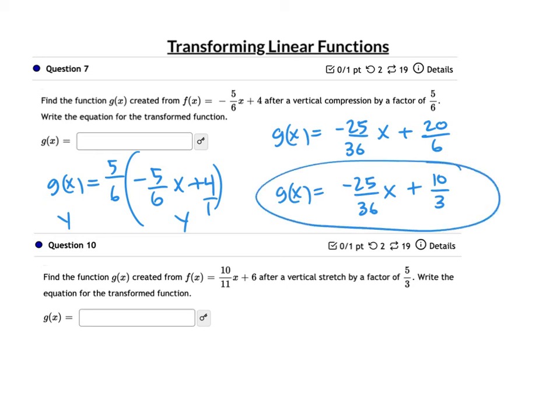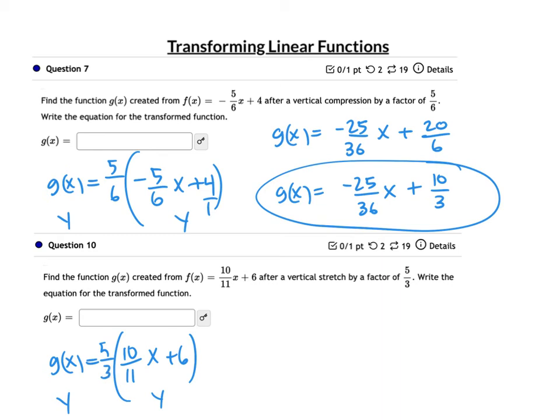Question 10, a vertical stretch, so y is being affected. So my g of x would be 10/11 x plus 6, and that's my y, and so every y is going to be multiplied by 5/3. A stretch and a compression is multiplication.